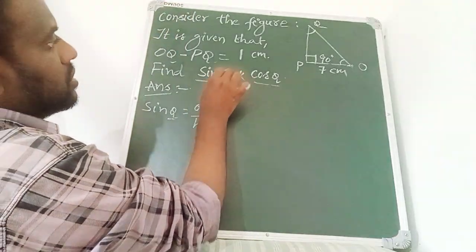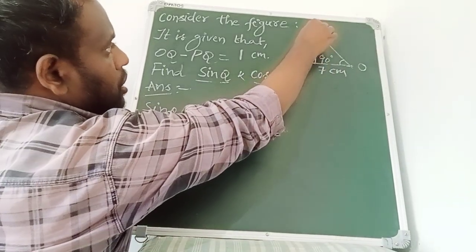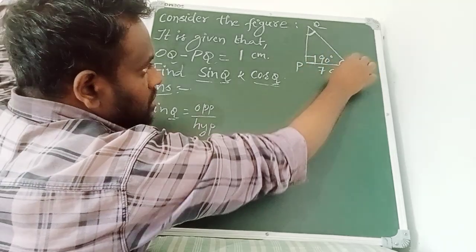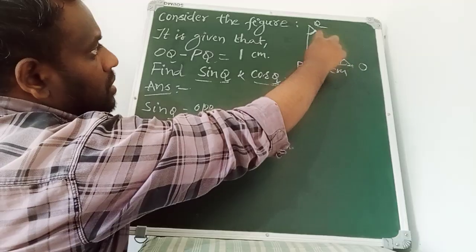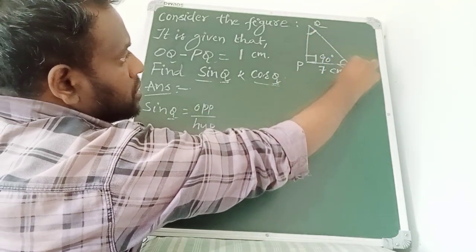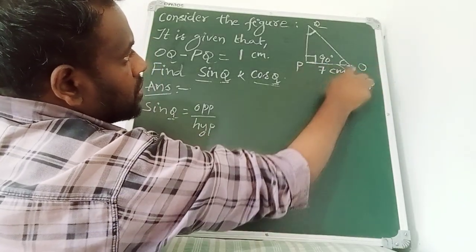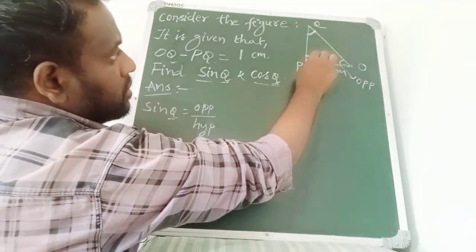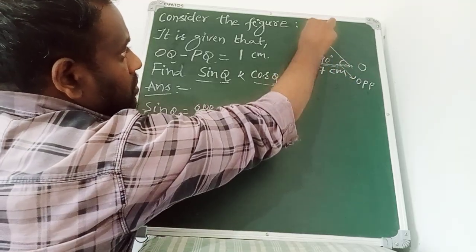See, in both sine and cos, the angle is the same, Q. So consider the angle Q. This is the side opposite to this angle, correct? So this side is opposite to this. So this is the opposite side, OPP. So OP, this side, is the opposite side, and this side is making 90 degree with this side.